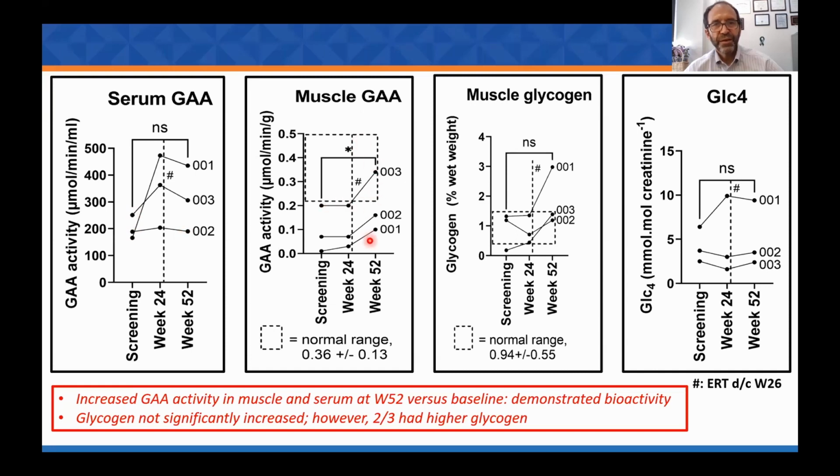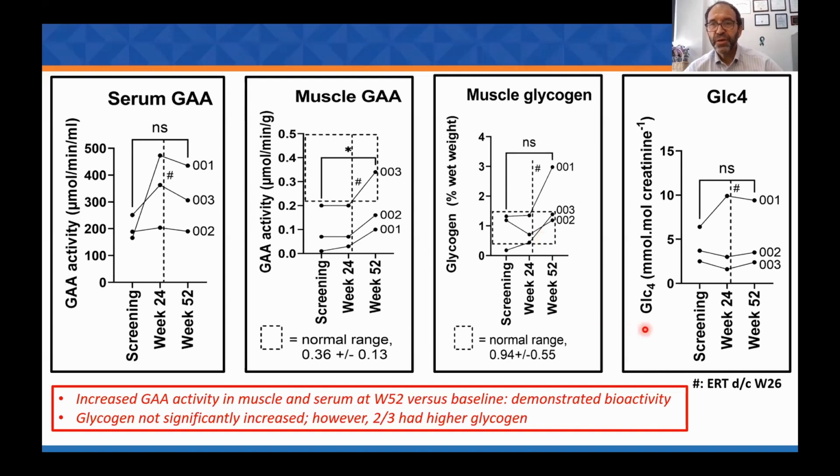The muscle GAA was significantly increased with a p-value of less than 0.05 at week 52 compared to screening or baseline before gene therapy. The muscle glycogen content seemed to go up a little bit for 2 participants at week 52. So this might be telling us that we need a somewhat higher dose of gene therapy to effectively replace ERT and treat Pompe disease long-term.